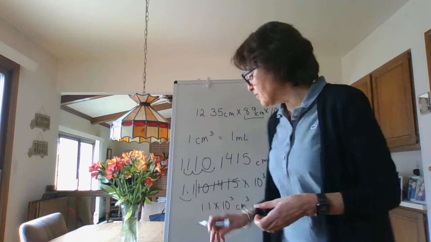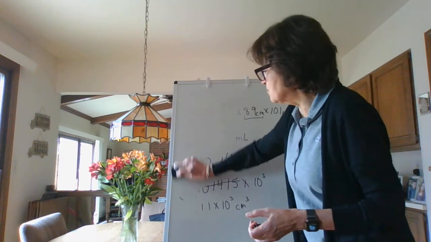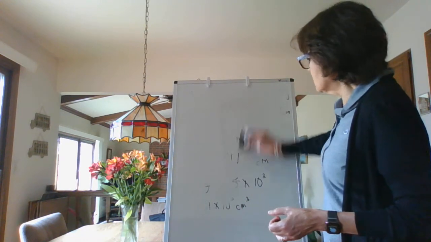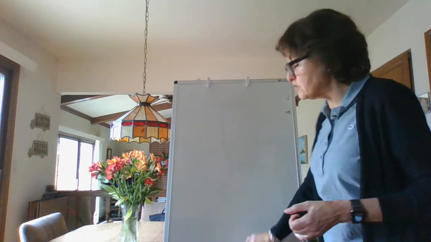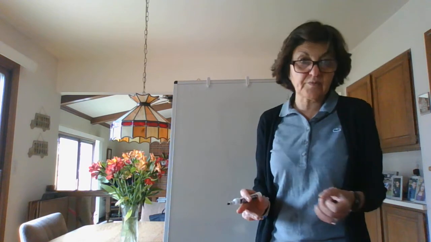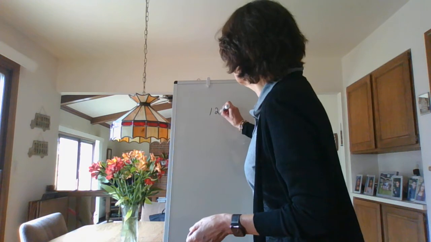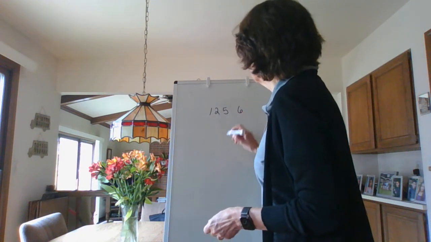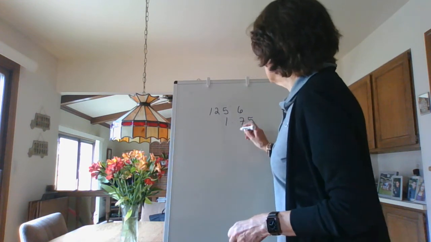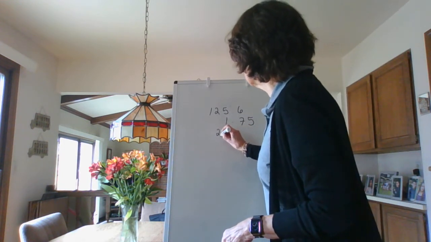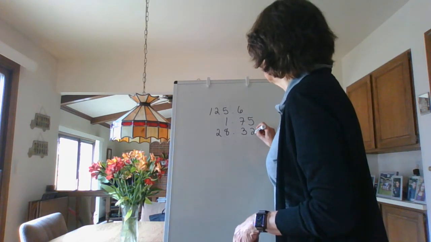The other rule for sig figs, calculations with sig figs, are addition and subtraction. So with addition and subtraction, you don't round to the least number of sig figs. What you do is you round to the least number of decimal places. What do I mean by that? So let's say I've got this number here. 125.6, and then this is 1.75, and this is 28.327.